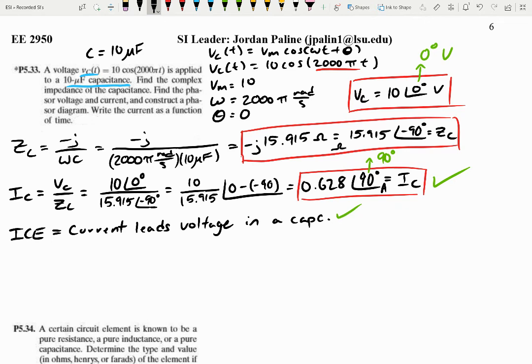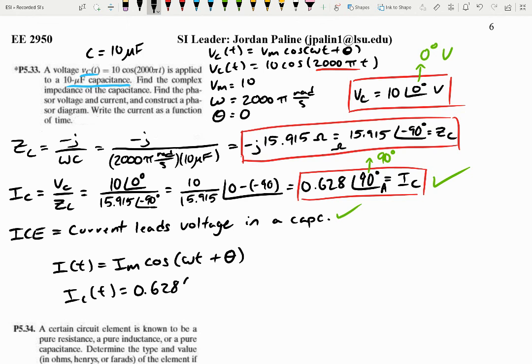So now let's write this out as a function of time. If I write the current as a function of time, using my model that I had up here, I of m cosine omega t plus the phase angle. Then I can write I of t will be equal to 0.628 cosine omega t.